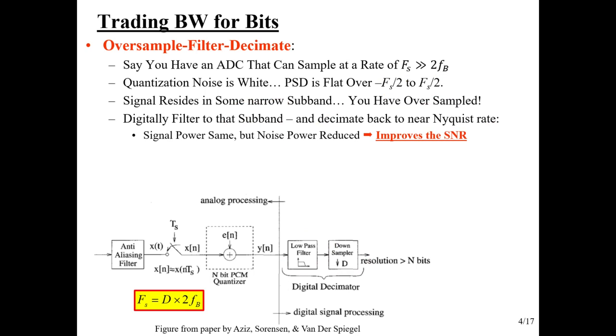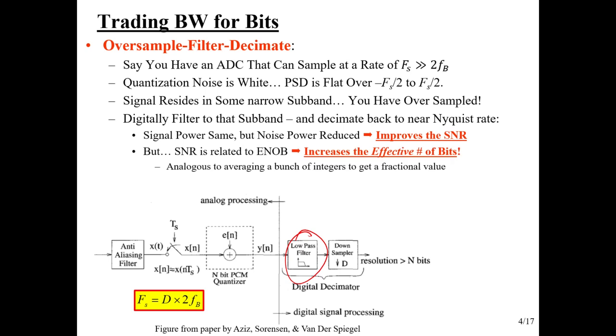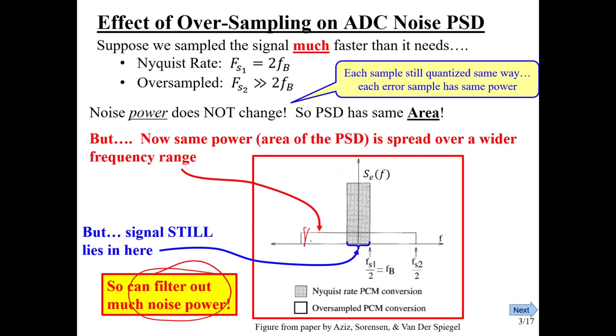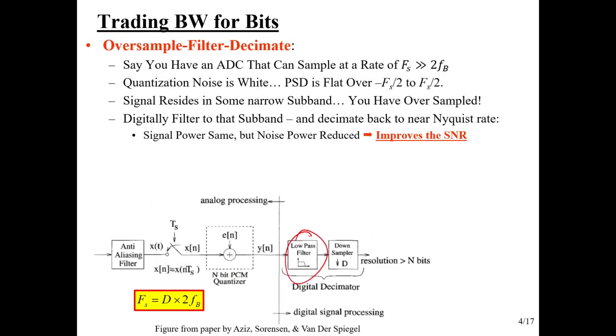I haven't done anything to the signal, assuming I've made this filter nice, with a pass band tight around the signal and a tight stop band stopping stuff outside that. So nothing has happened to the signal, but the noise power has been reduced significantly, right? I got rid of all this stuff out here. So now instead of being this height times this width, the power is this height times that width. Much less noise. And so my signal to noise ratio has been improved.